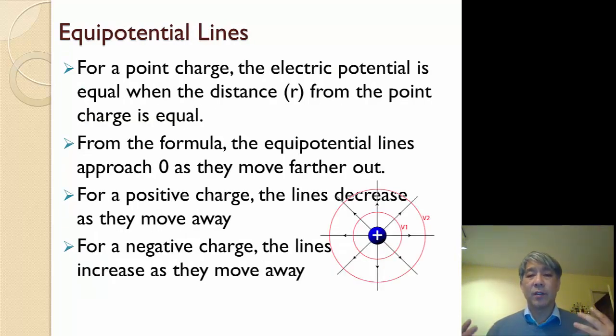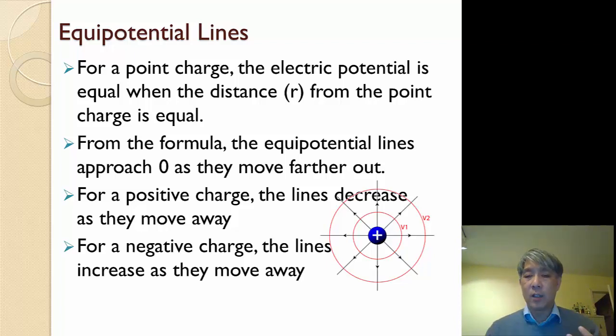Because there will be multiple points that have the same electric potential, I can connect all those points and create what we call equipotential lines. For equipotential lines for a point charge, remember, kQ over r. k and Q don't change, so only r changes. So everywhere that's at the same distance will have the same electric potential.